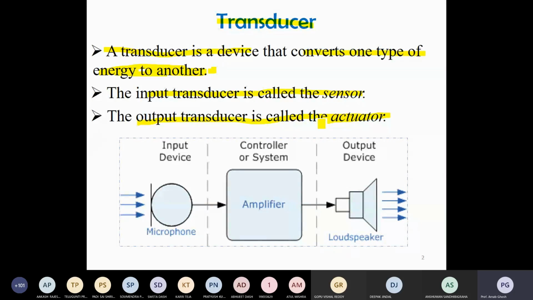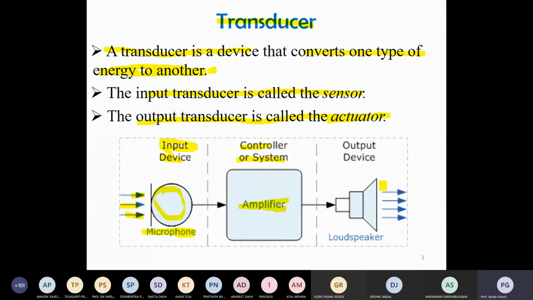So here we take one example. We are using a microphone, and in the microphone we give some input. Then there is a control system that is responsible for the amplification of that signal. When the signal is amplified, we get the output from the loudspeaker.